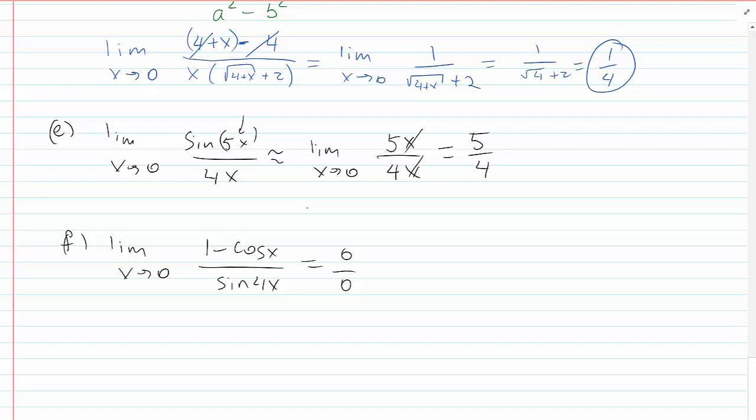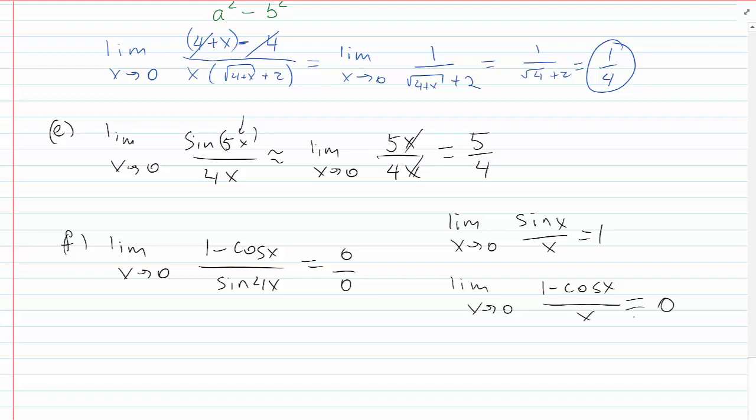And then look, the only thing we basically talked about in class when it comes to trigonometric limits is that we have this special limit that equals 1, and you also have this special limit, which you've seen in class as well, that equals 0. Notice both of them are divided by x, which matches the angle of the sine and cosine.